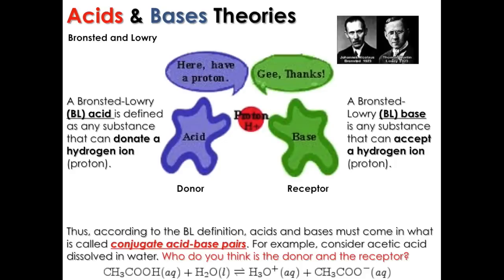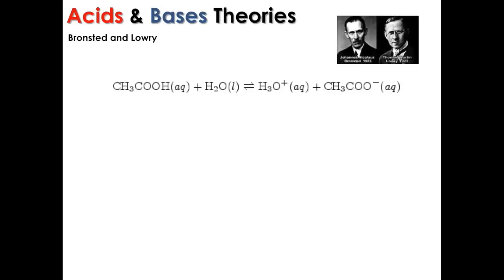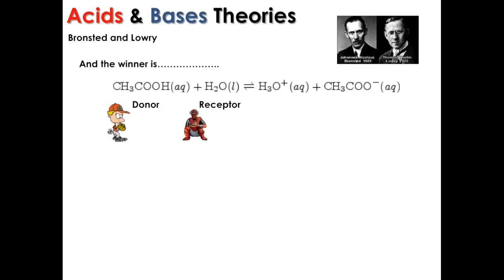For example, consider acetic acid dissolved in water. Which one do you think is the donor and the receptor, acetic acid or water? And the winner is: acetic acid is the donor, whereas water is the receptor. So, acetic acid will be the acid, whereas water will be the base.